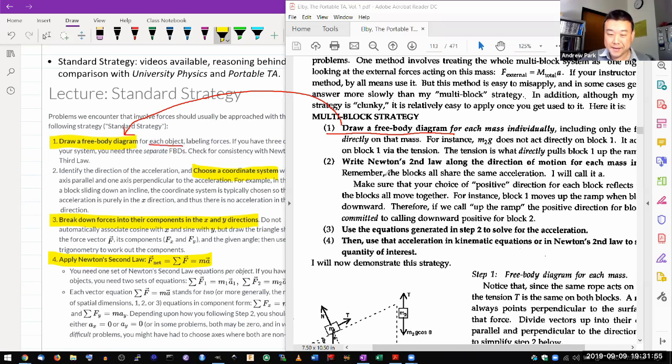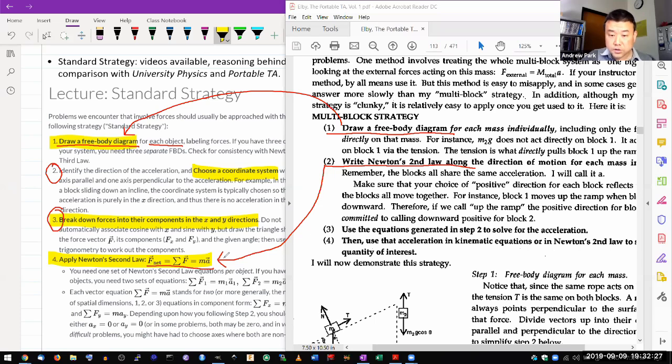And then if you just read step number 2, it kind of looks like he skipped right up to step number 4 here. And our purpose for providing steps number 2 and 3 is to give you the guidance on how to go from a free body diagram to writing the Newton's second law equation.